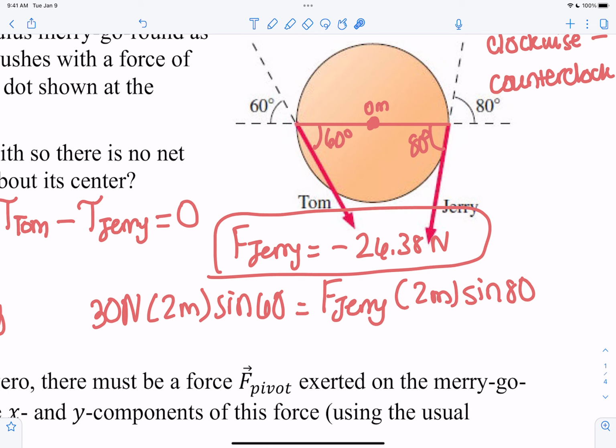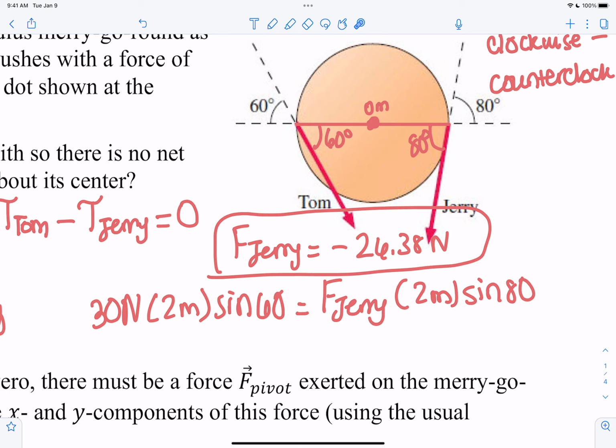However, there are some forces being applied to cause that torque, and they aren't fully canceled out yet. So I have a force downwards like this, and a force downwards like that from Jerry and Tom, and a force right from Tom, and a force left from Jerry. So maybe Tom's force to the right cancels out Jerry's force to the left.